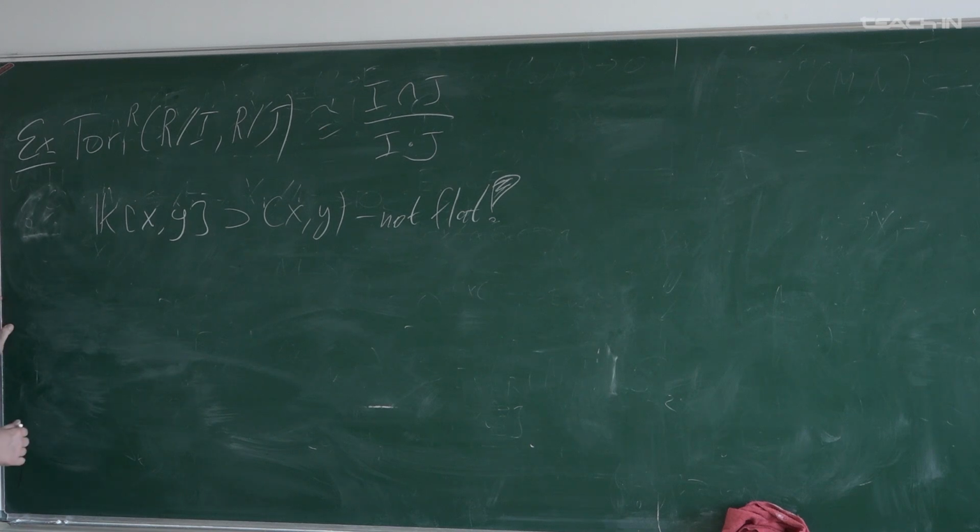To check this, consider a free resolution of this ideal. Oh, no, not this ideal. Let's consider a free resolution of K itself. The field K is a module over this polynomial ring where X and Y act by zeros.